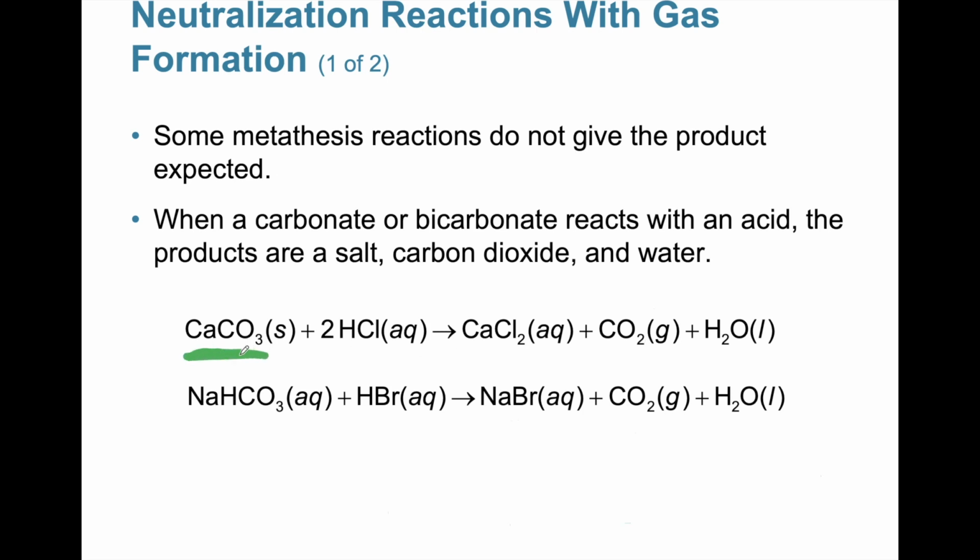So here we have calcium carbonate, a solid, mixing with hydrochloric acid, but then it comes up with three products: calcium chloride, carbon dioxide, and water. So in this case, whenever you have a solid carbonate or a bicarbonate, some people call this a hydrogen carbonate right here, but it's a bicarbonate.